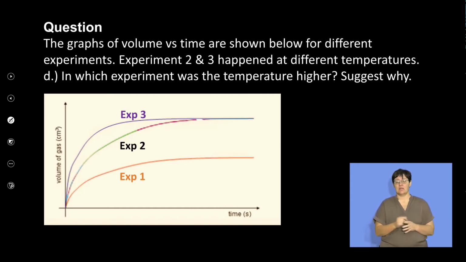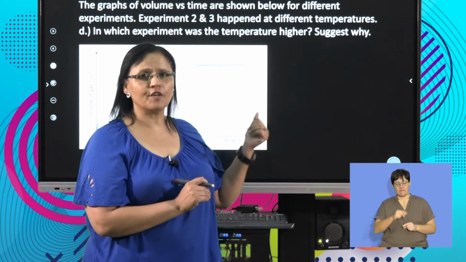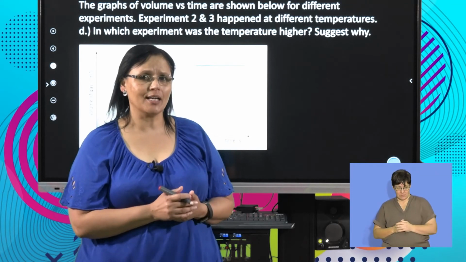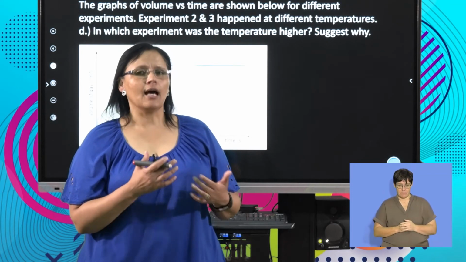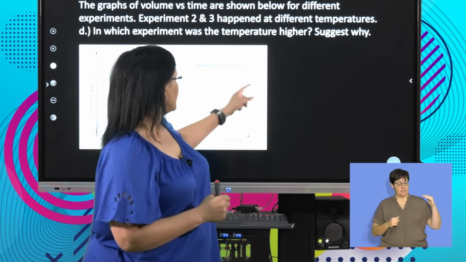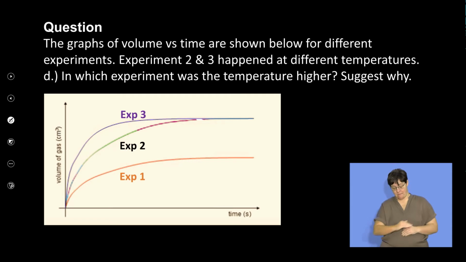Just before we go on, remember when we have rate graphs, we always need to look at the steepness of our gradient. The other thing that we need to look at is wherever our line is parallel to our time axis. So, in which of these experiments was the temperature the highest?